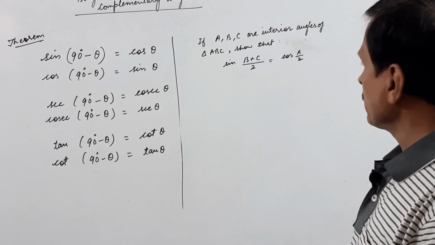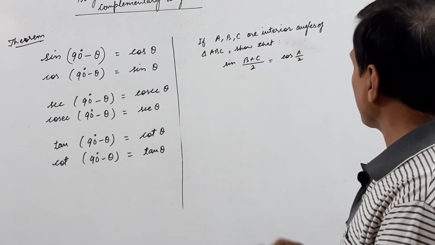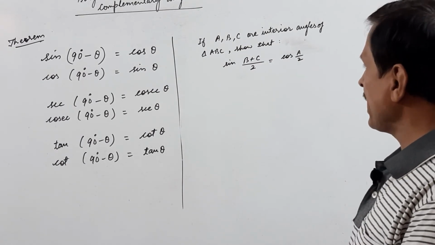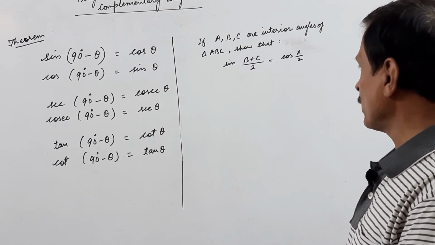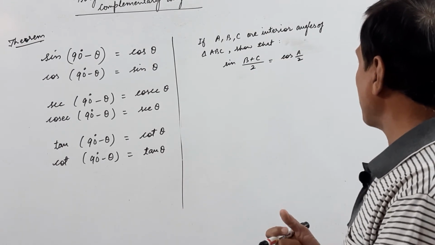In another question, if A, B, C are interior angles of triangle ABC, show that sin((B plus C) upon 2) is equal to cos(A by 2).